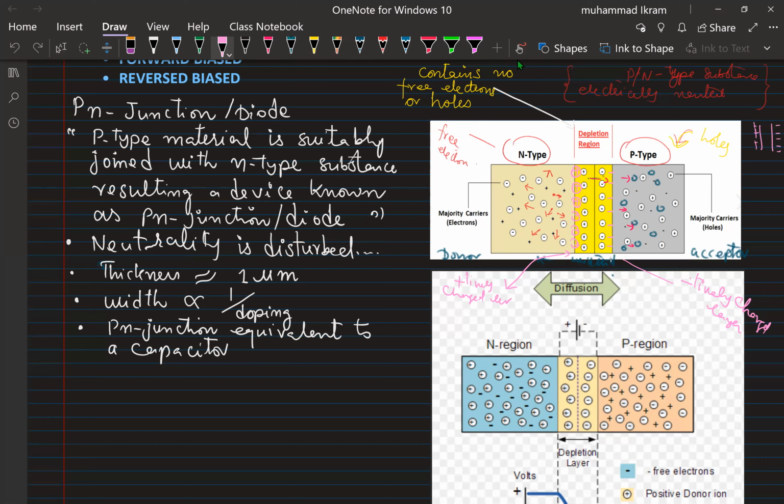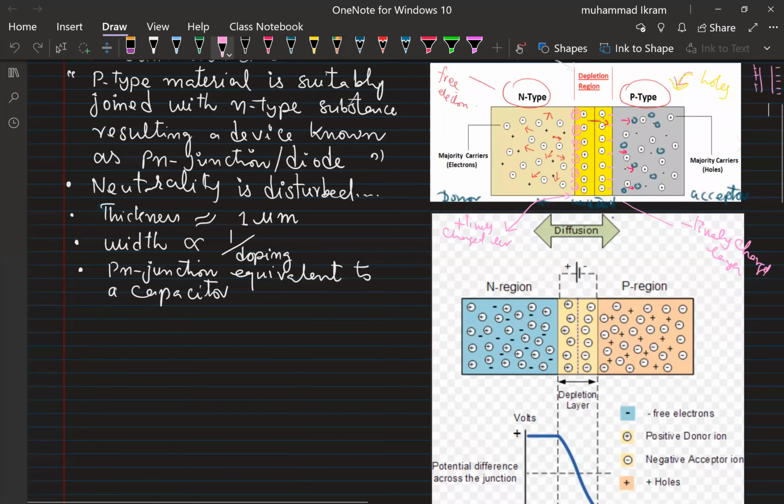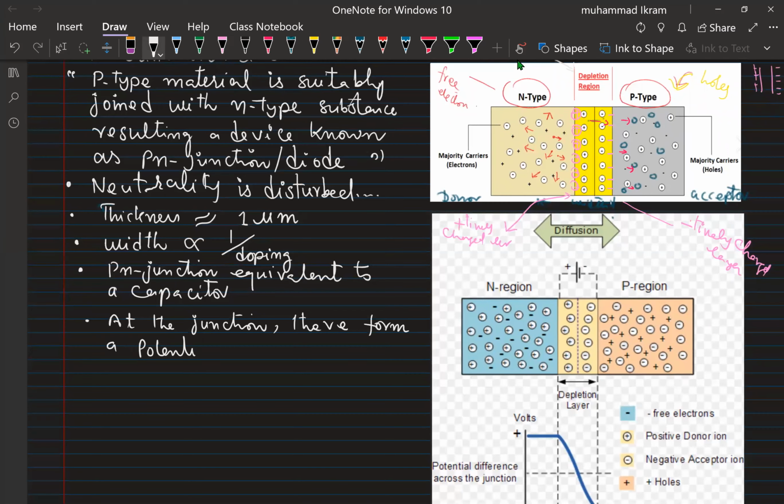of the potential barrier. We call that, at the junction there develops a potential barrier.